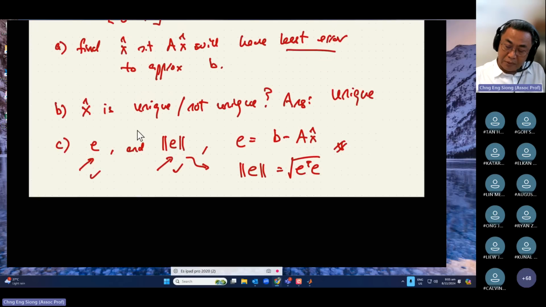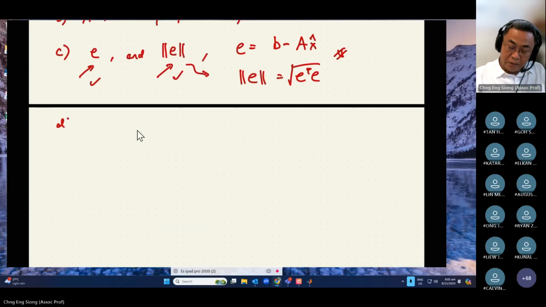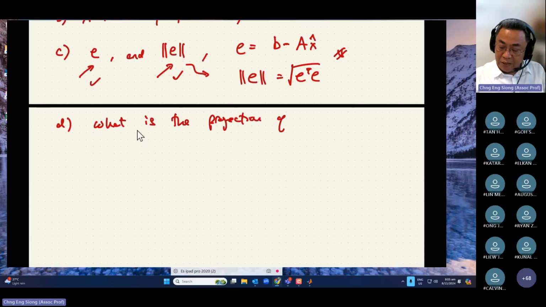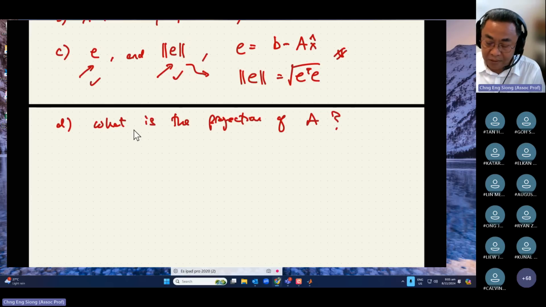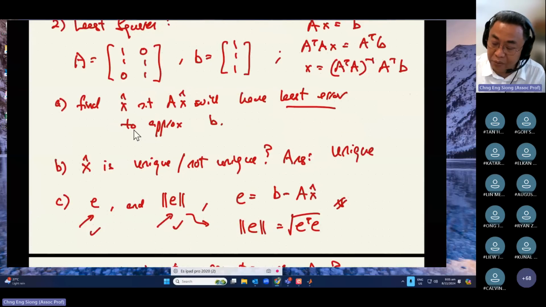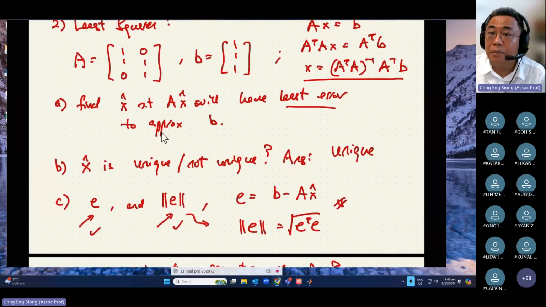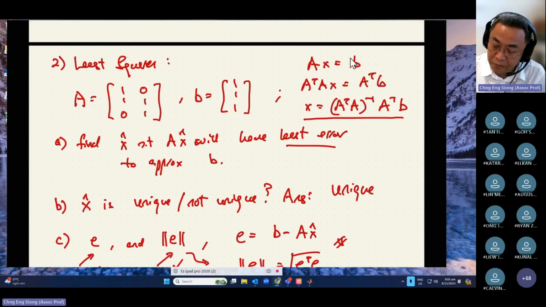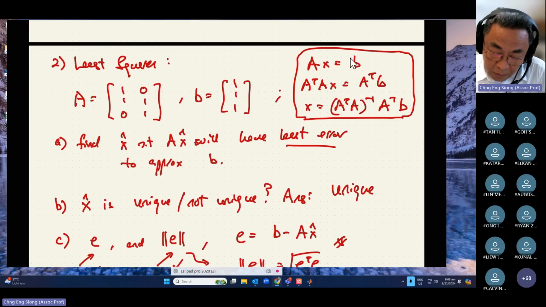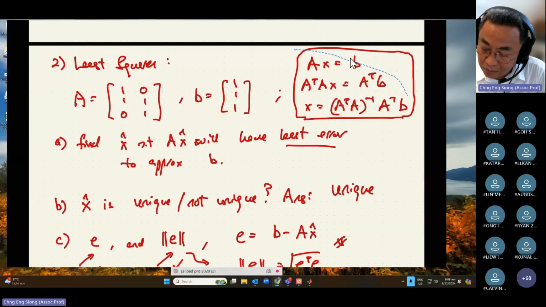Okay, some other questions I'll ask you. What is the projection matrix of A? Anybody? This is less straightforward. But actually, if you know this equation, it's almost there. So I'm going to take this equation and cut it.